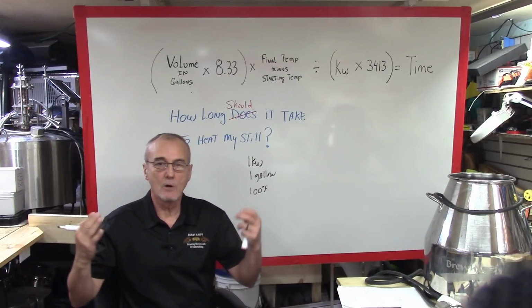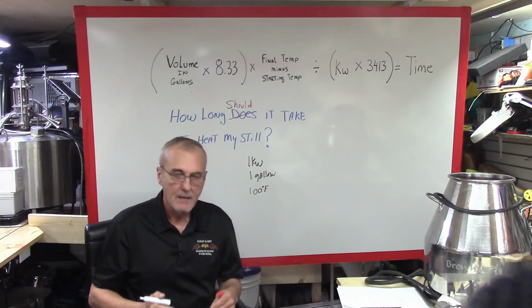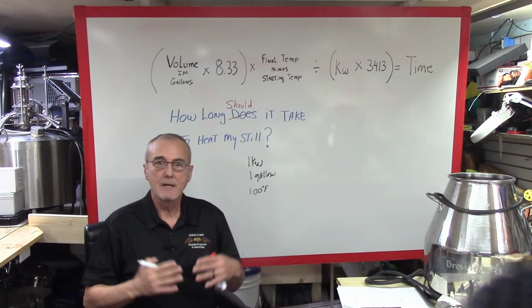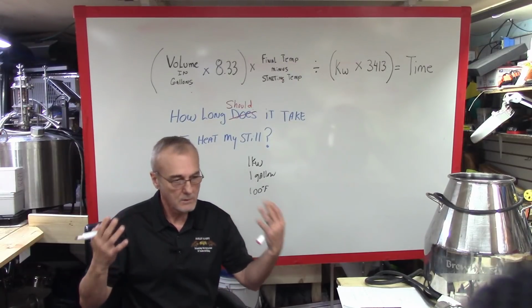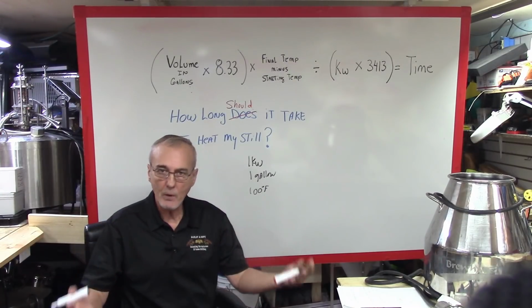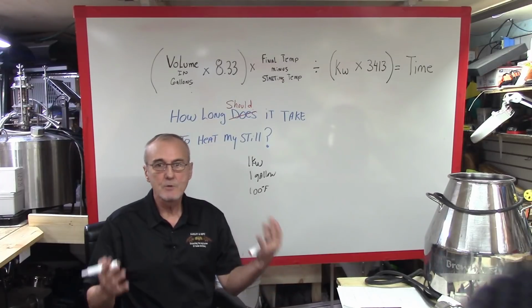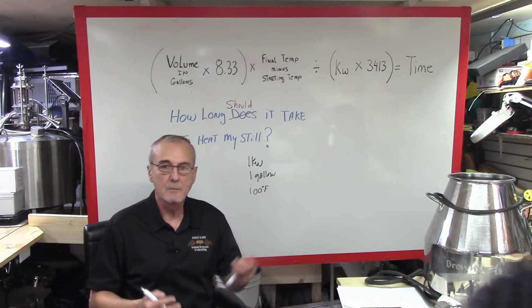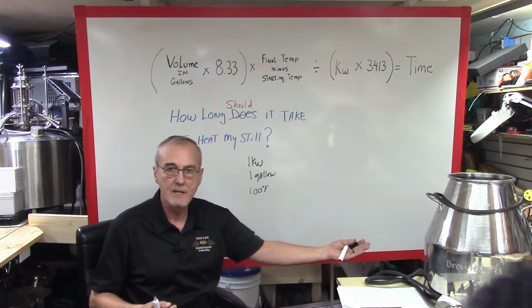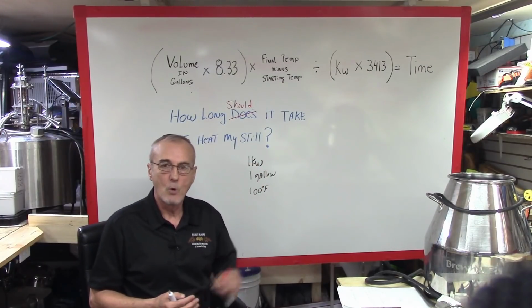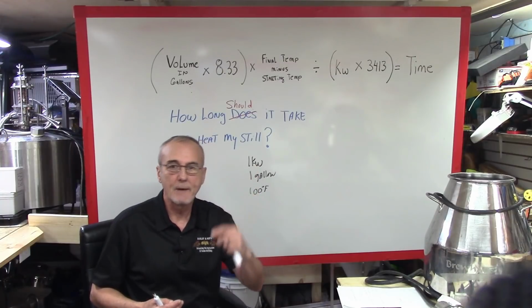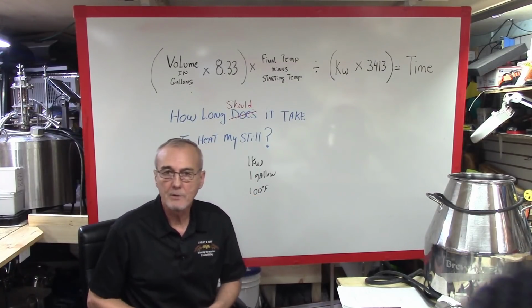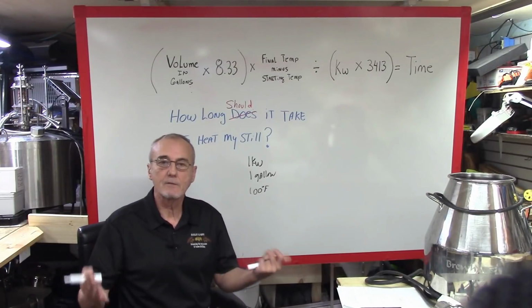I wish the whole world used the metric system, but they don't, and I'm more comfortable with our imperial system, so I use gallons and Fahrenheit. If you're really concerned, you can work it out this way and convert everything on the other end, and you can easily convert that.